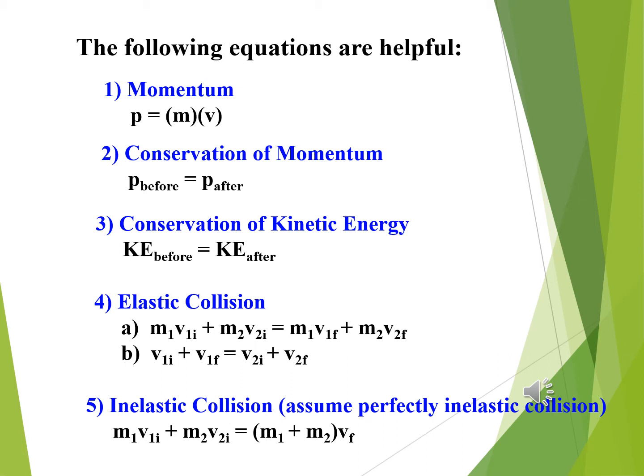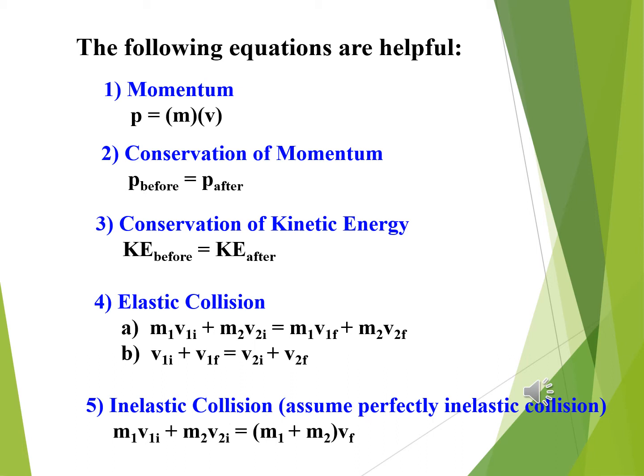1. Momentum P equals the product of mass and velocity. Number 2. Conservation of momentum says P before equals P after. Third, conservation of kinetic energy. The kinetic energy before equals kinetic energy after. For problems involving elastic collisions, there are two useful formulas.